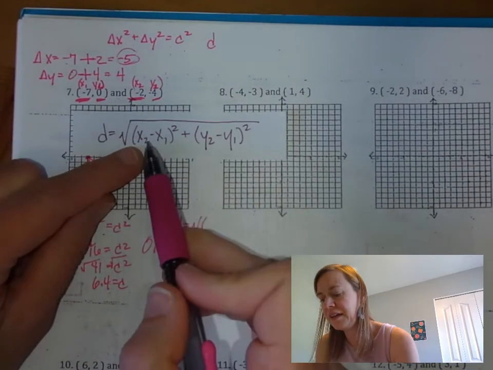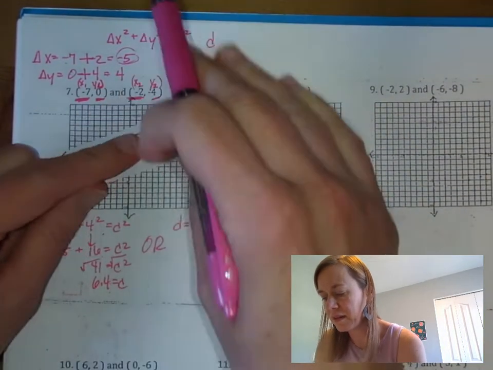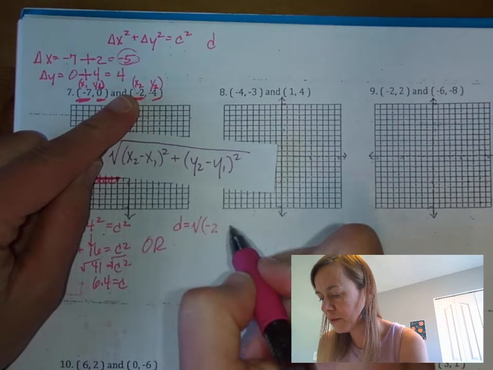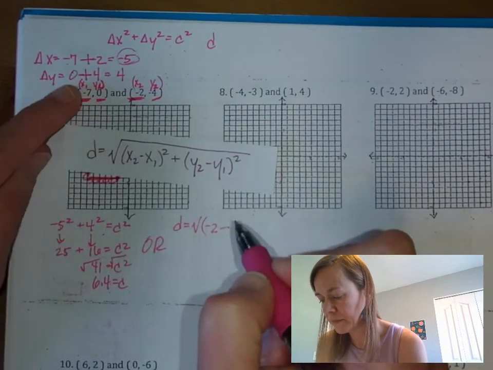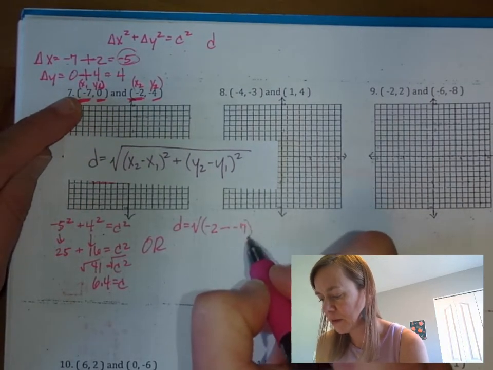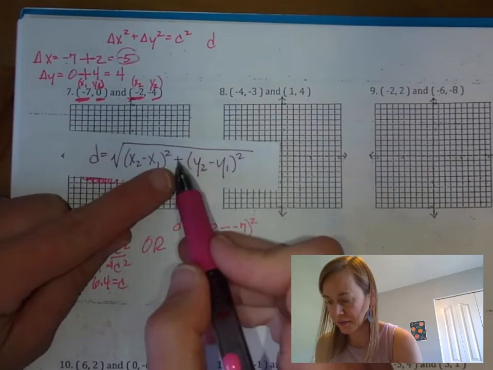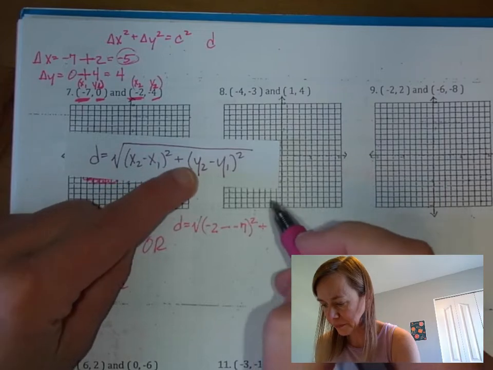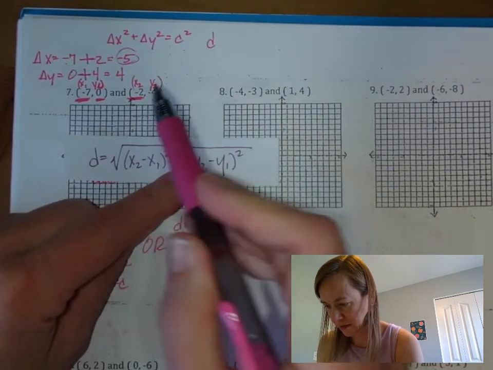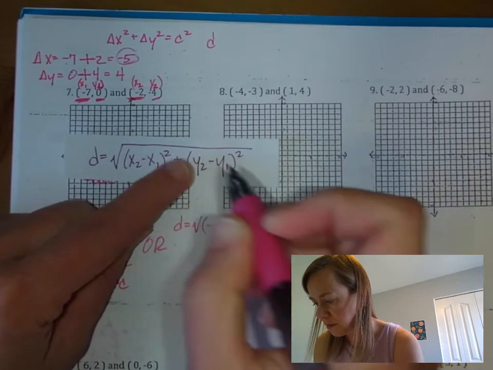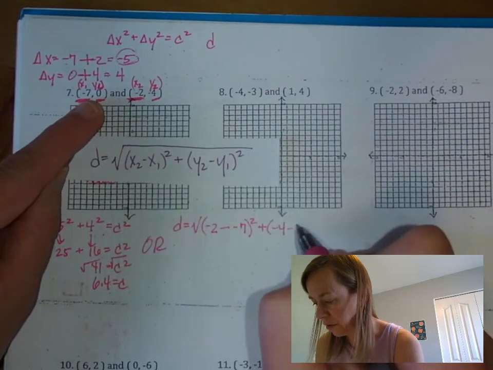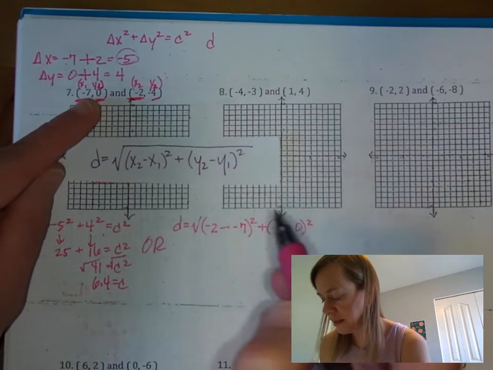All right, so x2 minus x1 is going to be -2 minus -7. Whatever you get there, you're going to square it. And now we have to add to that y2, which is -4, minus y1, which is 0. Okay, that's nice. And then whatever you get there, you square it.